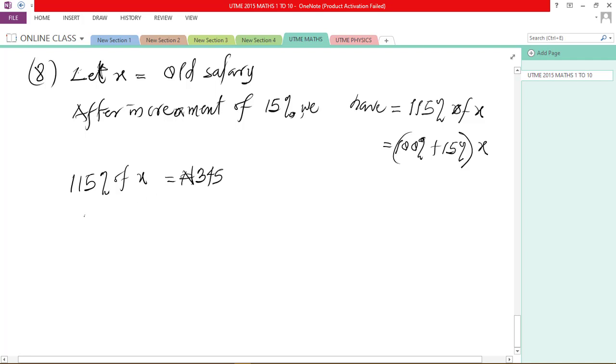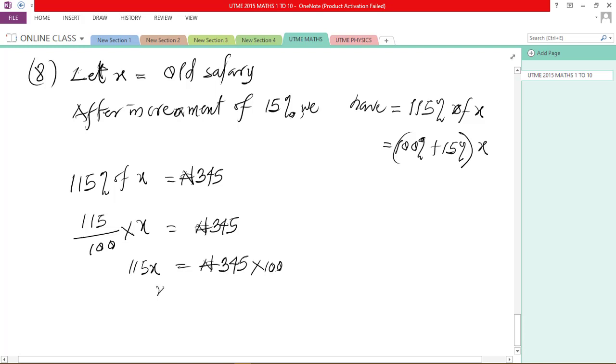So look at this very well. It means 115 over 100 times x equals 345 naira. So we have 115x equals 345 times 100. That is x equals 345 times 100 divided by 115. This cancels this.